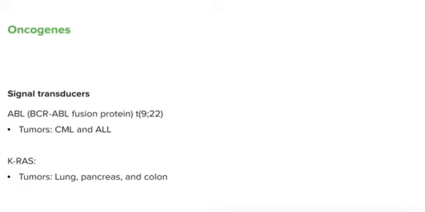I told you, apart from CML, chronic myelogenous leukemia, where the median age would be the 40s, or ALL, acute lymphoblastic leukemia, the most common leukemia in a child, both are associated with the Philadelphia chromosome, BCR-ABL. This codes for a non-receptor tyrosine kinase.